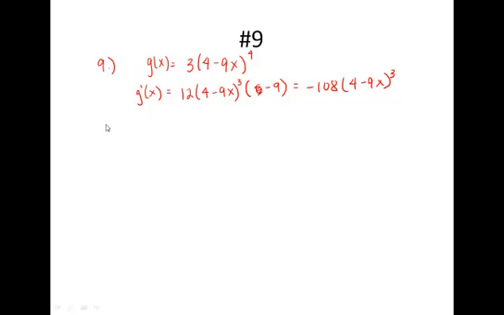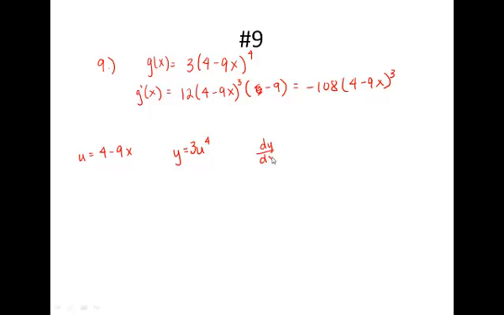So to break this apart, let's recognize this as my inner function again. So here u equals 4 minus 9x, and then y, therefore, would just be taking that u and bringing it to the fourth. Oh, and pardon me, there's a 3. So we have 3 times that inner function to the fourth, and what I'm going to use is the chain rule.